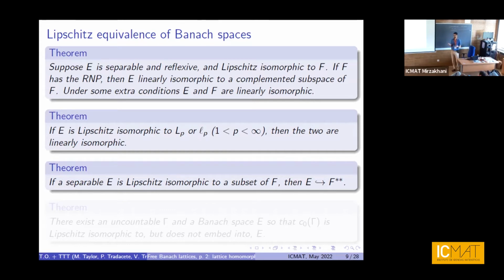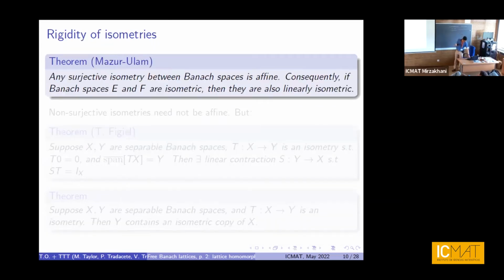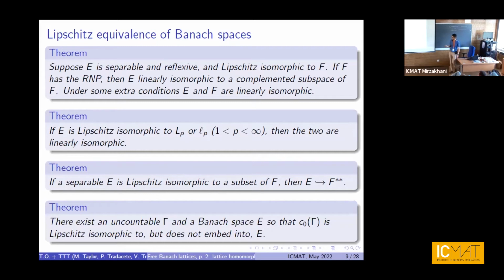So you may ask, does Lipschitz isomorphism actually imply linear isomorphism? And the answer is no. There are examples of this.